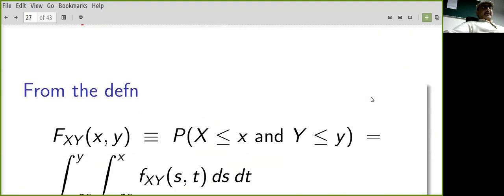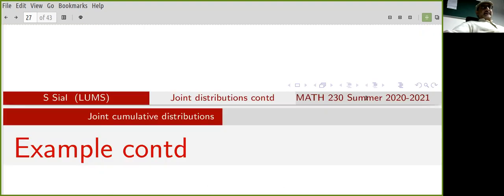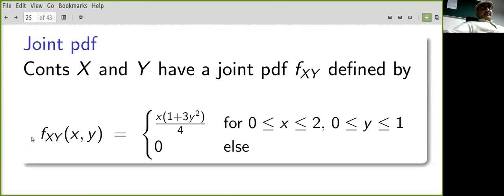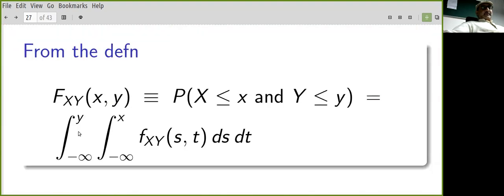So F_XY is the probability that X is less than or equal to x, and the random variable Y takes a value less than or equal to y. That's given by integrating your PDF from minus infinity to x and minus infinity to y.